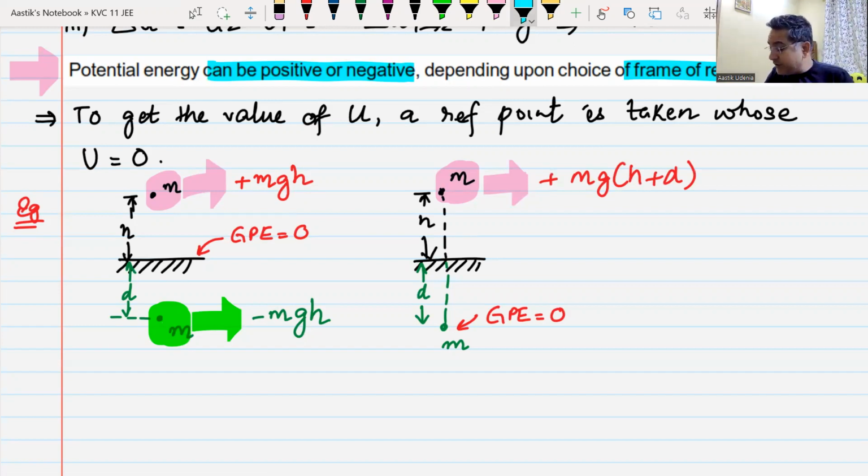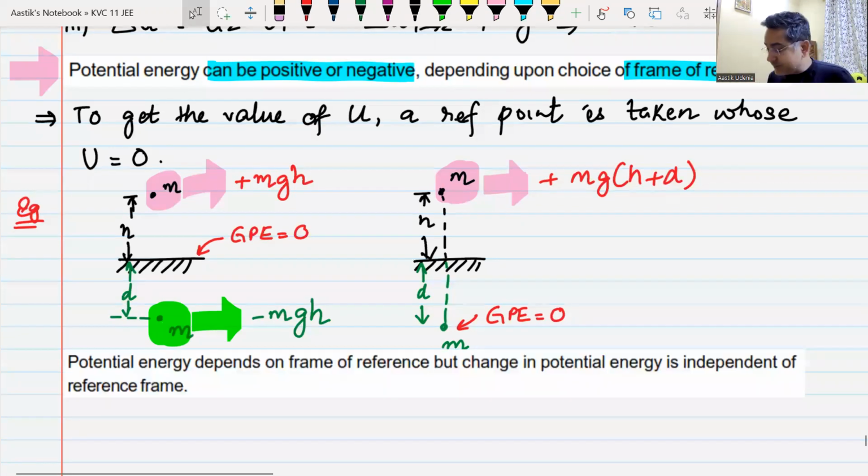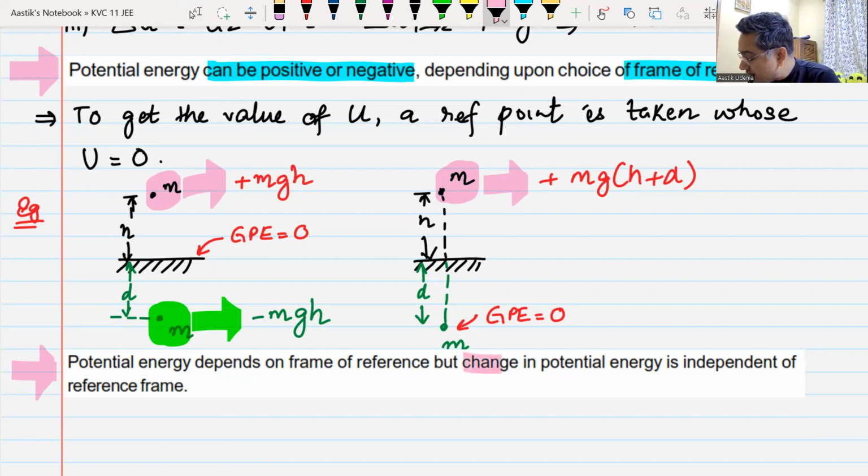Now one more point you would have seen even here. Gravitational potential energy changes because of the change in reference frame, but the change in potential energy is independent. If I call this point A and this point B, the difference between A and B will always remain the same.